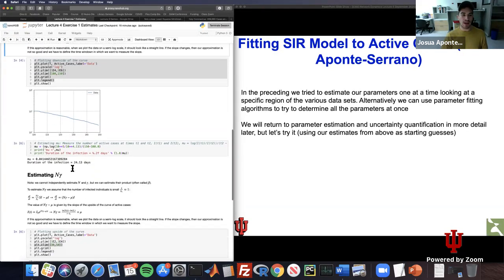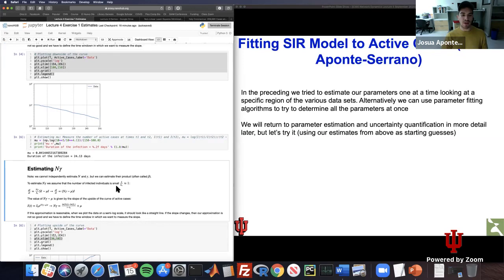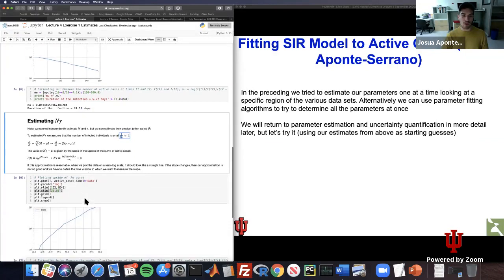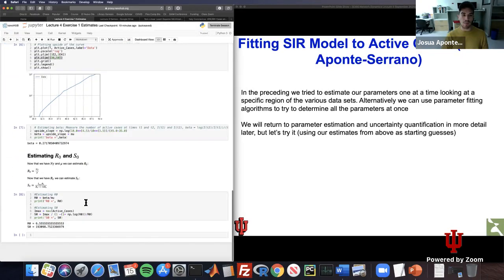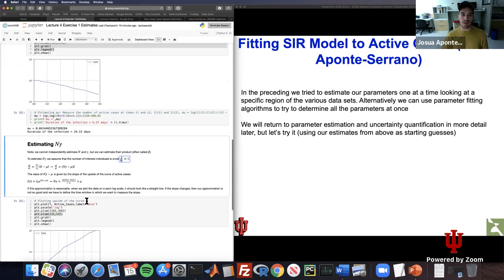And then we're making the assumption that at the beginning of the infection, the ratio of infected to susceptible is small. So that allows us to get the upside of the curve, and then we can estimate all of the parameters by looking at the slopes. Does that make sense? Any questions?